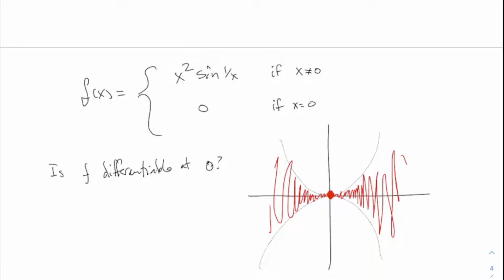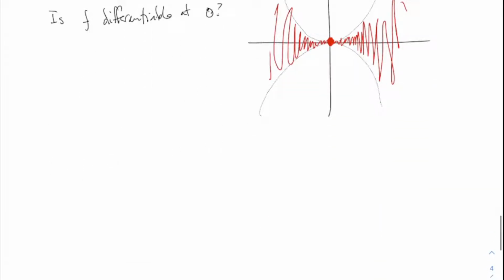All right, let's see if we can work this out. Let's try. So I go f prime of 0. Again, same business here. It's the limit as x goes to 0 of f of x minus f of 0 over x minus 0.